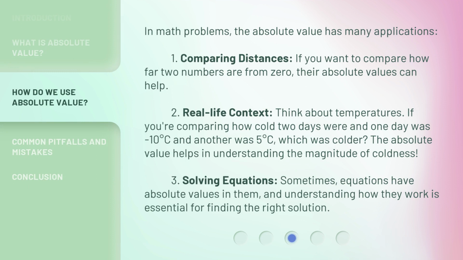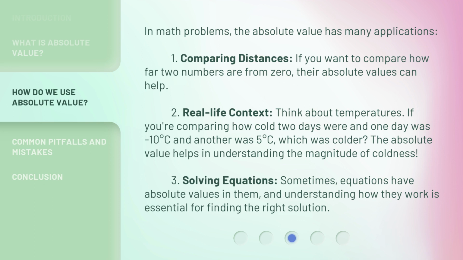In math problems, the absolute value has many applications. 1. Comparing distances. If you want to compare how far two numbers are from 0, their absolute values can help. 2. Real-life context. Think about temperatures.